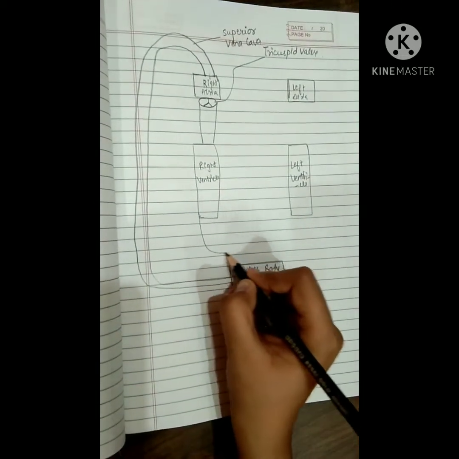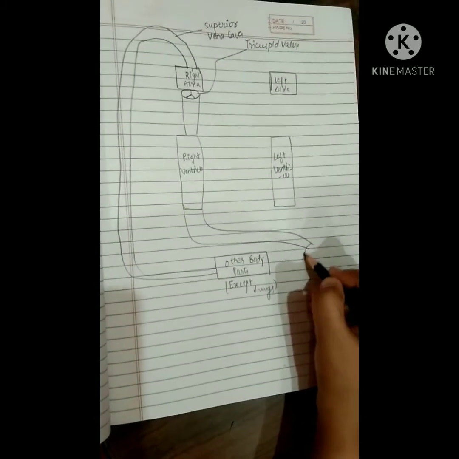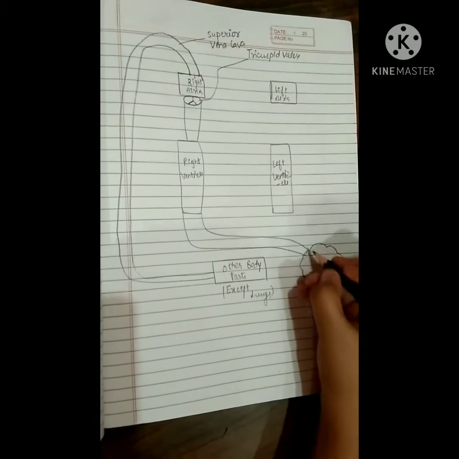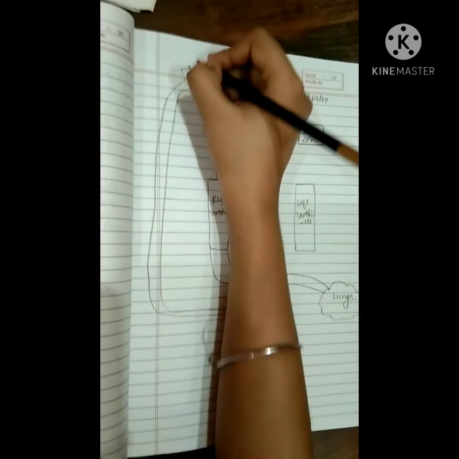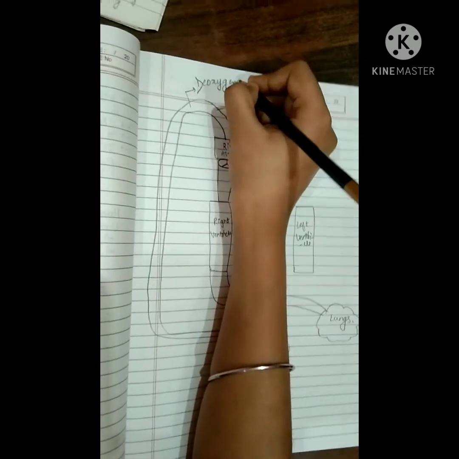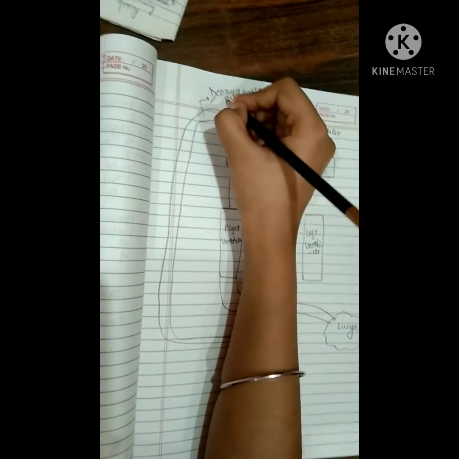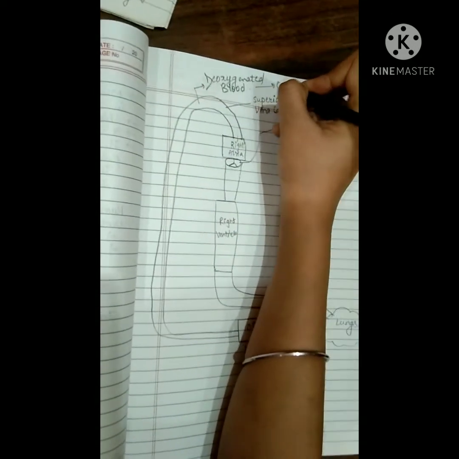The right ventricle sends blood to the nearby lungs. This is deoxygenated blood, and deoxygenated blood means CO2 rich.